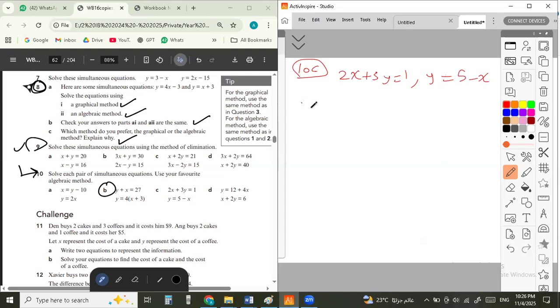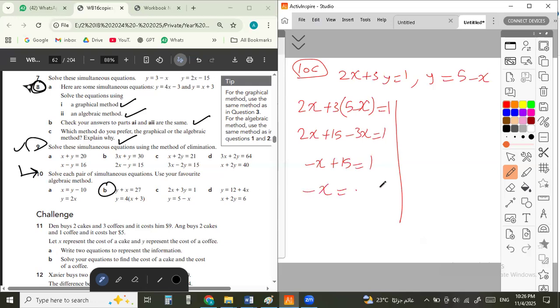So I'm going to write over here 2x plus 3 times (5 minus x) equals 1. Then 2x plus 15 minus 3x equals 1. Then negative x plus 15 equals 1. Negative x equals negative 14.